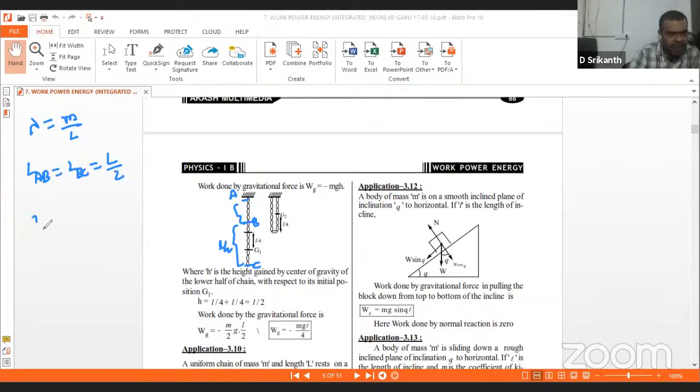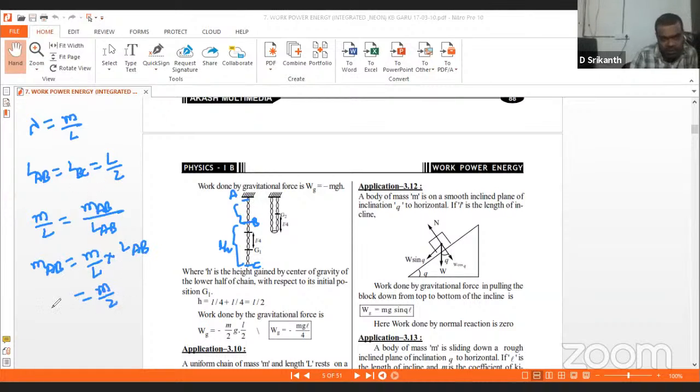So M by L equals mass of AB by length of AB. So mass of AB is equal to M by L into length of AB, which gives M by 2, because length of AB means L by 2.